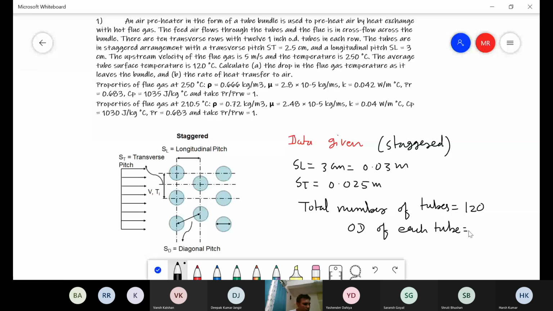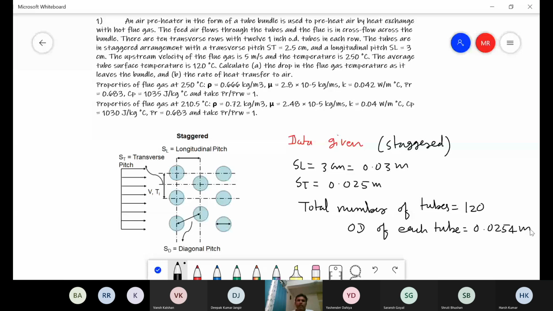So 1 inch means 0.0254 meter. This is what is being given.